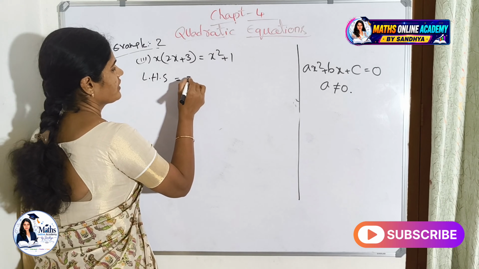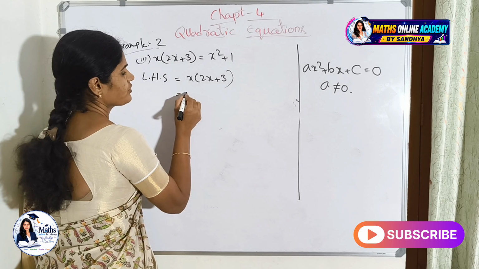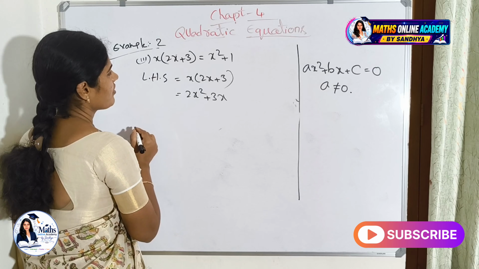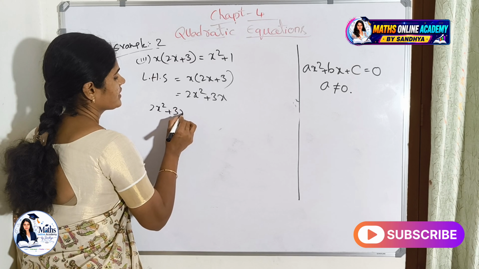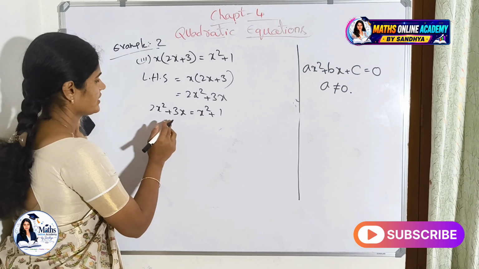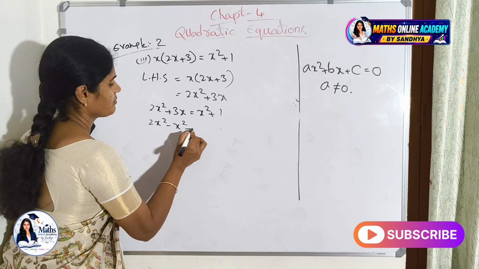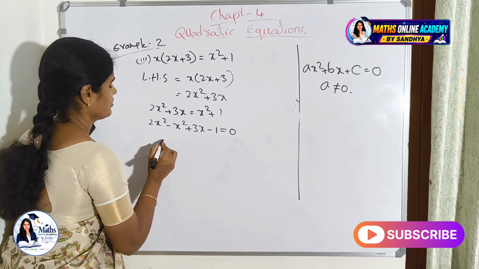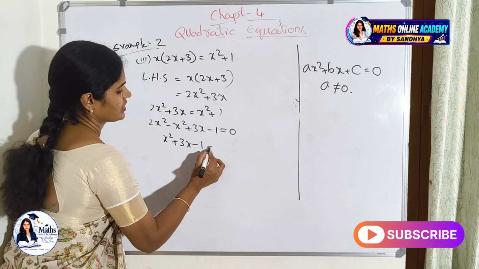LHS equal to x into 2x plus 3. So x into 2x plus 3 gives 2x square plus 3x. And next RHS. Equate: 2x square plus 3x equal to x square plus 1. You take x square to this side: 2x square minus x square plus 3x and minus 1 equal to 0. So finally x square plus 3x minus 1 equal to 0.